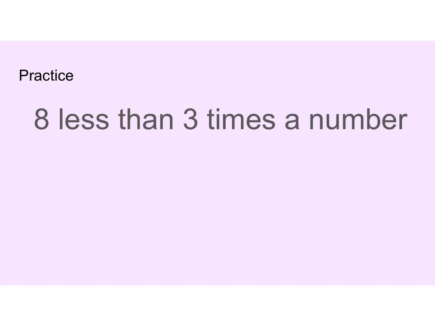Here's a little bit more complicated one. 8 less than 3 times a number. So again, I see that word than, so that's going to switch the order. So whatever comes after the word than is going to come first, and then whatever was before the word than is going to come last.